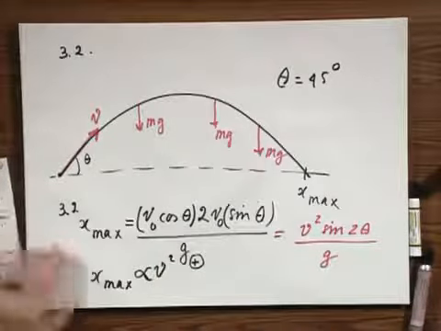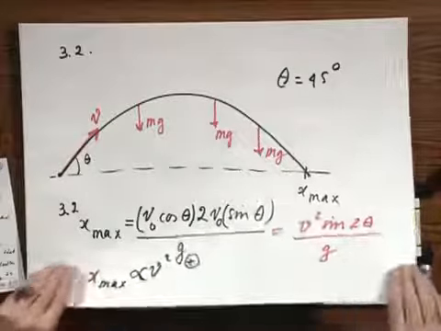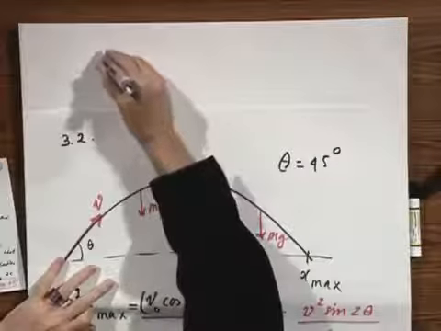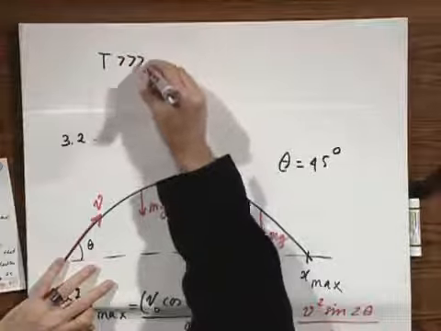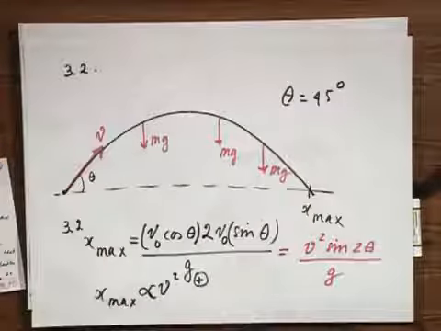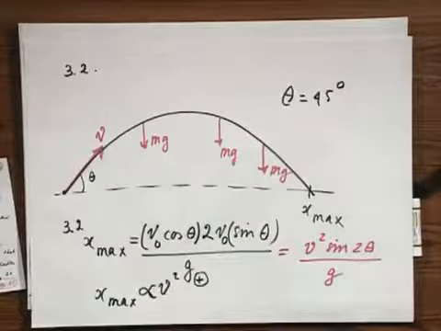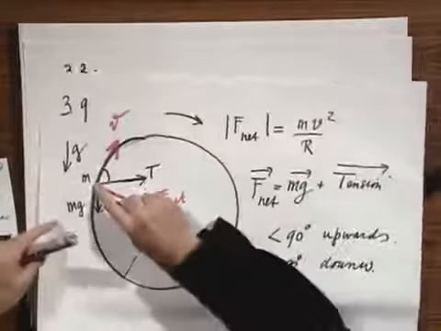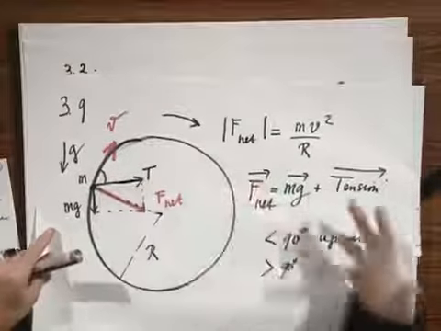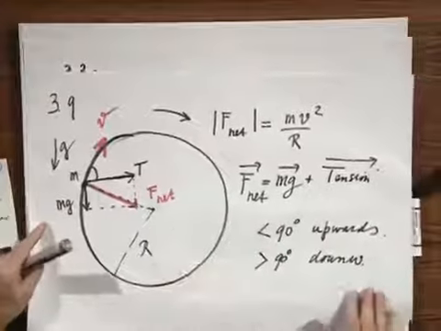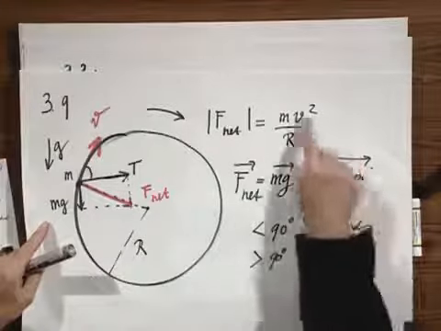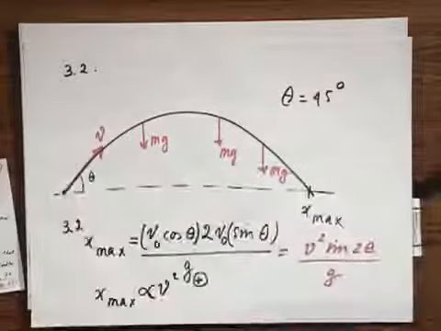Well, if I make the assumption that T is much larger than mg, then the angle between the velocity vector at the moment that I let it go and T is effectively 90 degrees. So this problem that I discussed earlier will completely go away, and the tension itself, to a very good approximation, is then mv squared divided by r.